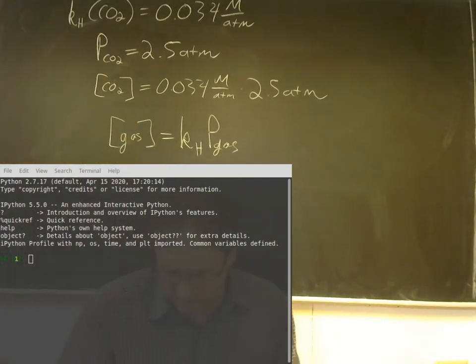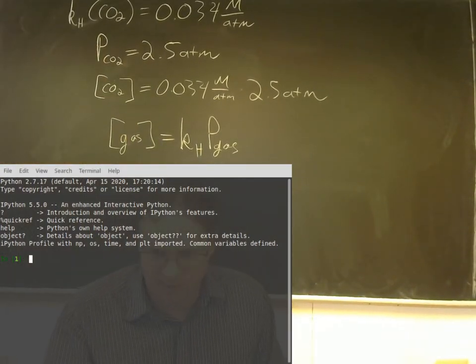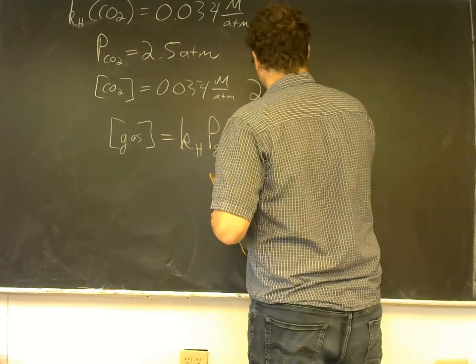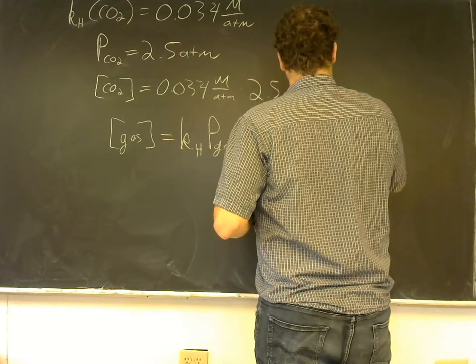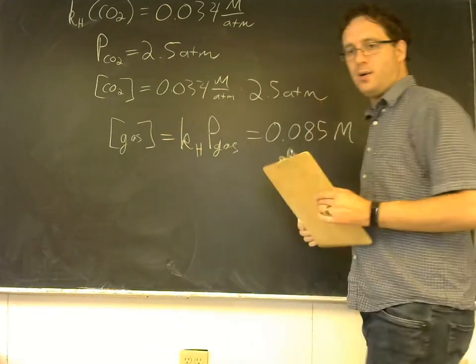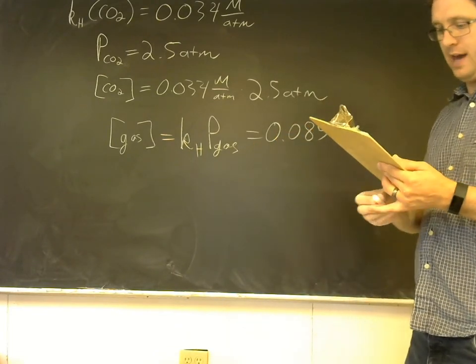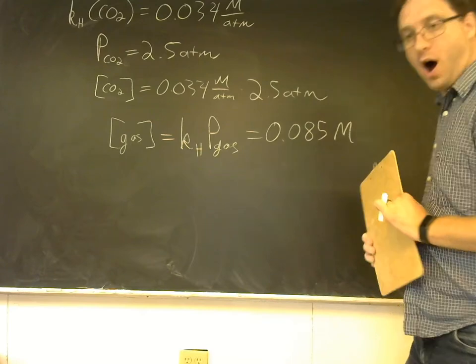Okay, so let's see what that works out to be. We have 0.034 times 2.5. Looks like the molar concentration is going to be 0.085 molar. So that is Henry's law.